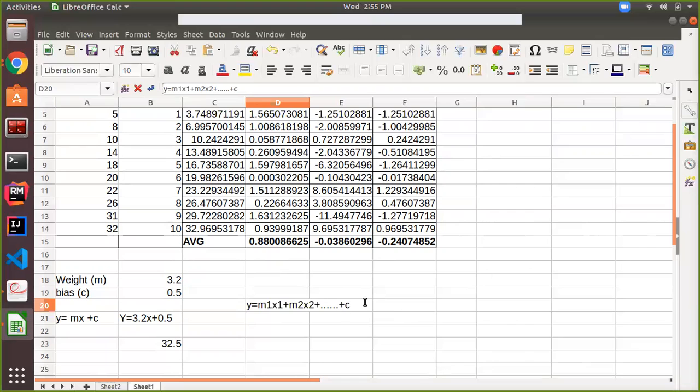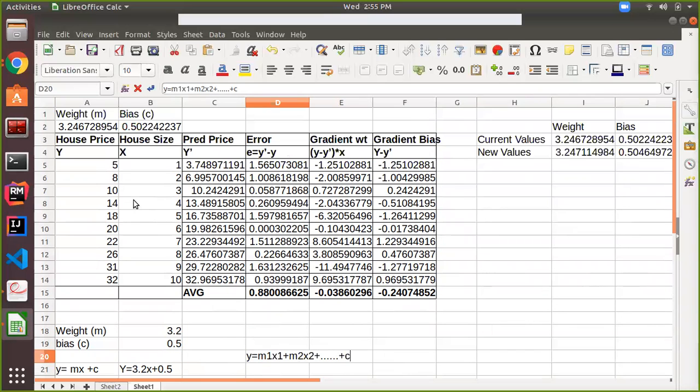So like that we can make a linear equation for multiple variables as well. But here I have created my machine learning model for only one variable.